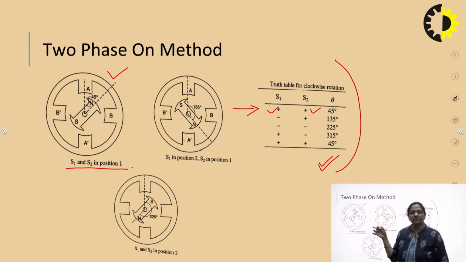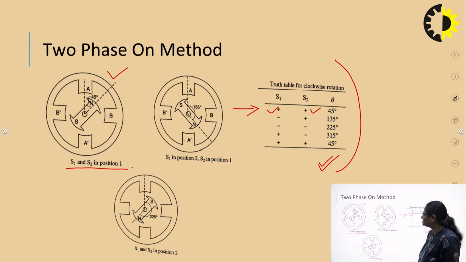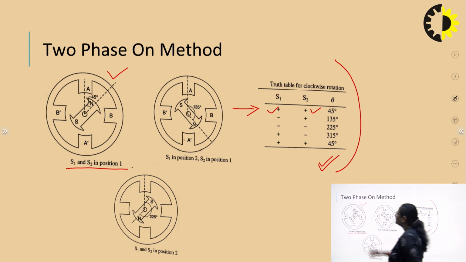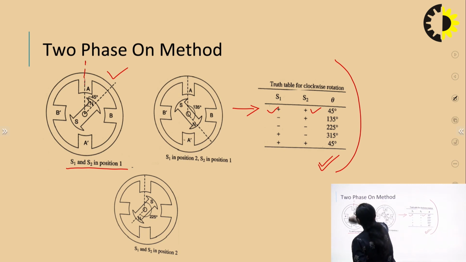We may have anti-clockwise rotation of the rotor as well, but for that, we simply have to make certain changes in the switch positions S1 and S2. So, considering this to be the reference position, the angle is 0. The rotor is in alignment with the stator pole. So the position angle of the rotor is considered to be 0 degrees here.